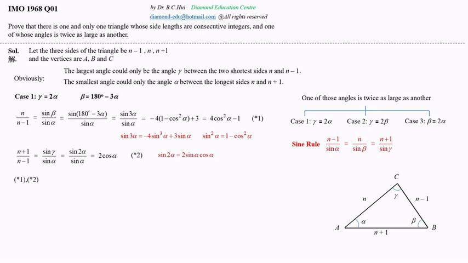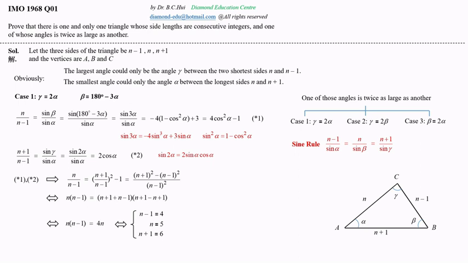If we put 1 and 2 together, we get a quadratic equation in terms of n, which could be simplified as n times open bracket n minus 1 close bracket equals 4 times n.